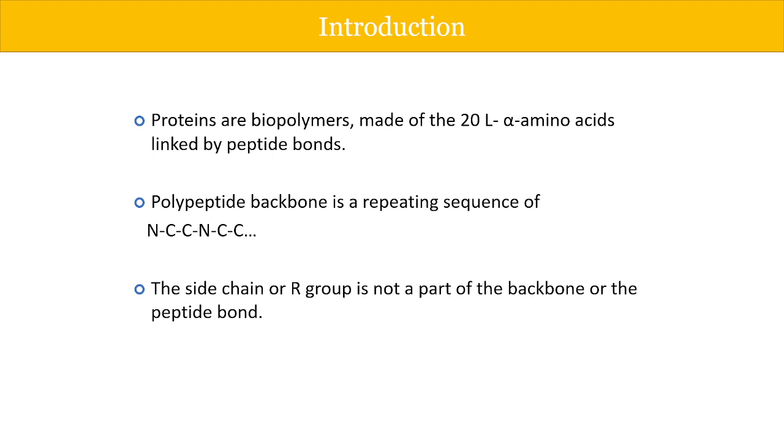The polypeptide backbone has a repeating sequence of NCC, where N is your amino group or the N terminus, the middle C is the C alpha to which the R group is attached, and varying the R group gives you 20 different amino acids. The other C is your carboxyl carbon.